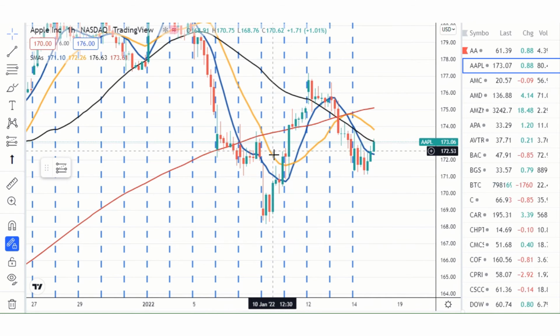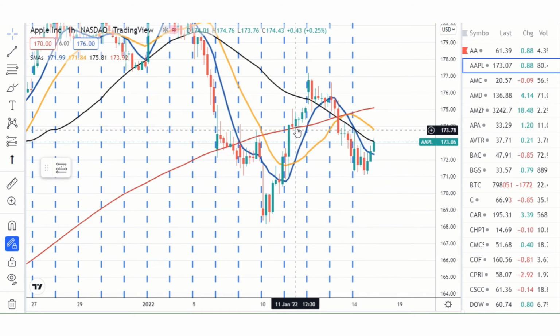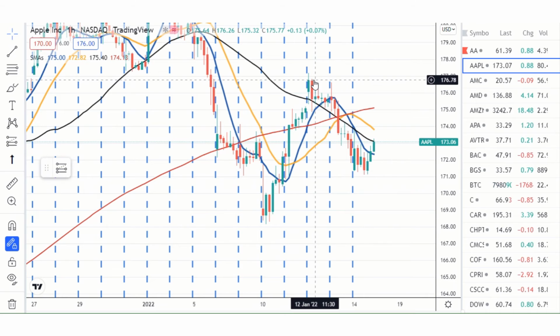You've got a candle coming down. Then you've got the candle in the middle that has barely any body. And then you've got a green candle going up. And now the rest of the trade is following behind it. It's going up.